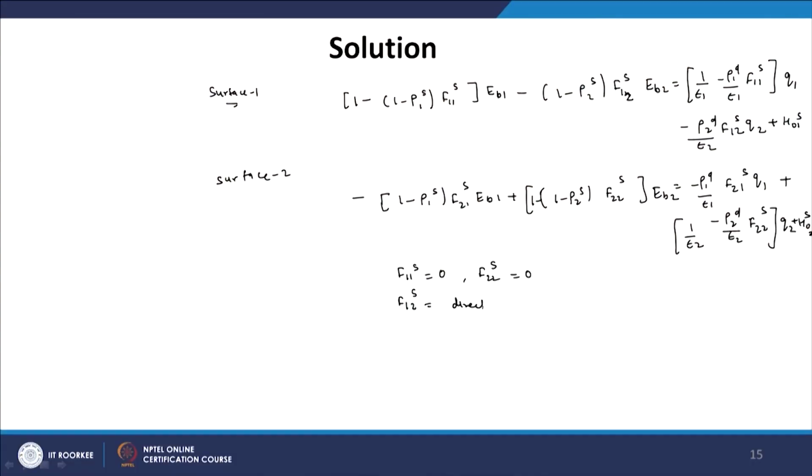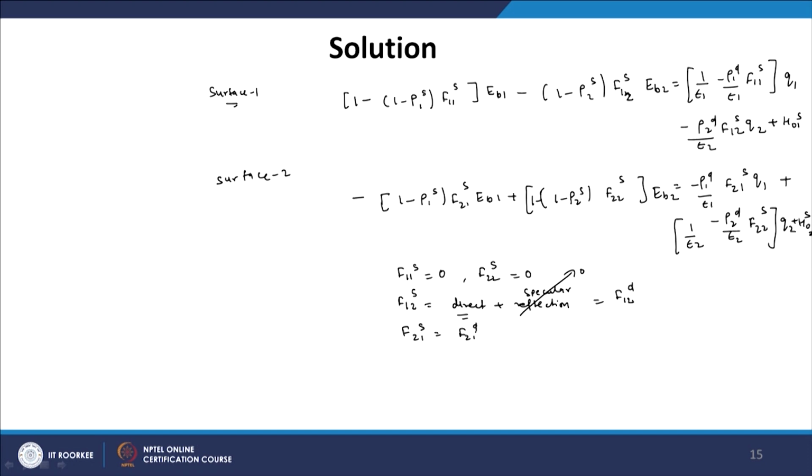So, it will have a direct component plus a specular reflection component, as we have already done, but since there is only one specular surface, this is going to be 0. So, F12 specular is basically equal to the direct component, so F12 specular is equal to F12 diffuse. And similarly, F21 specular is equal to F21 diffuse.